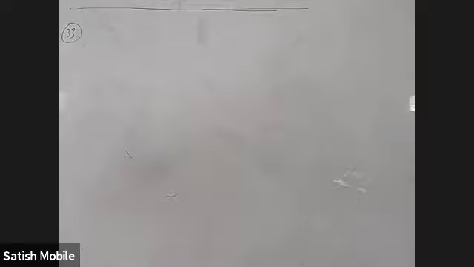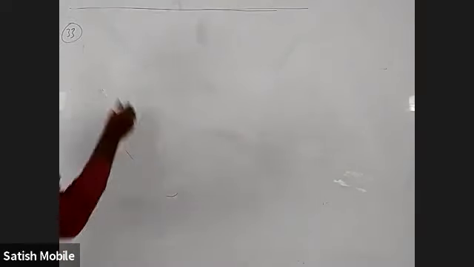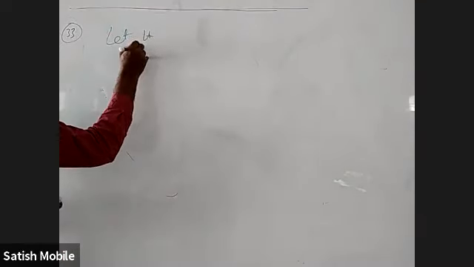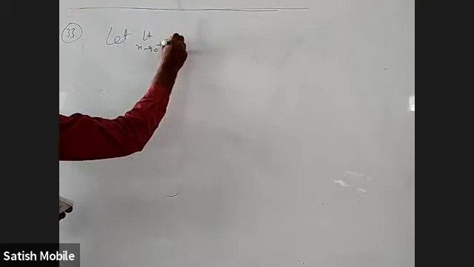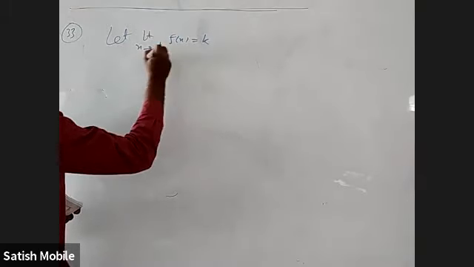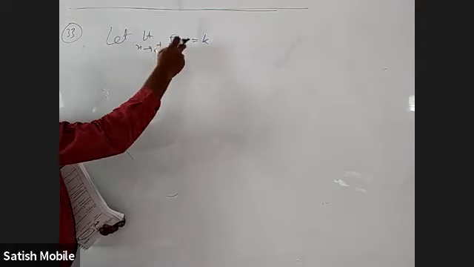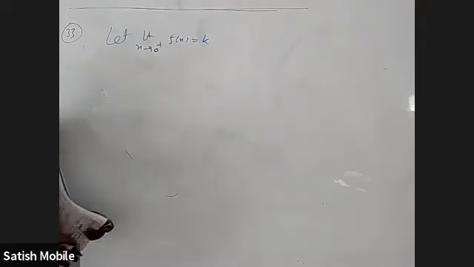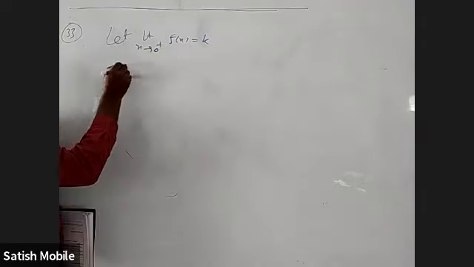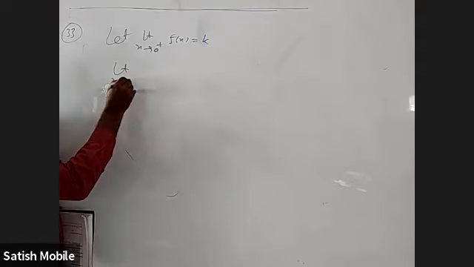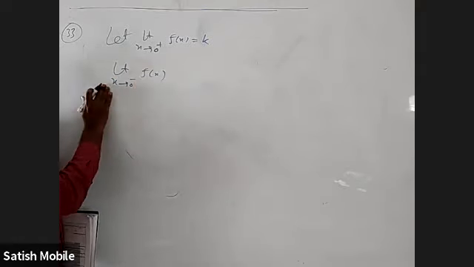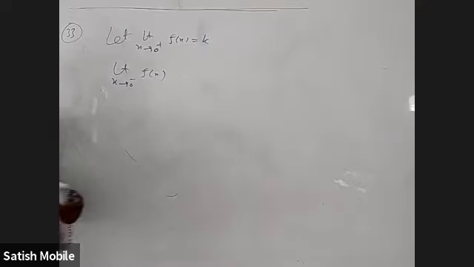Another way of telling the same thing, from the graph what I explained, I'm writing algebraically. Let limit as x tends to 0 plus of f of x be equal to k. Approaching 0 from the positive side, the limit of f of x is k, let us say. I am going to prove that the left limit at 0 will be minus k. Let us see what is limit as x tends to 0 minus of f of x.